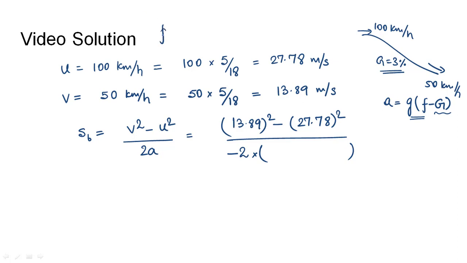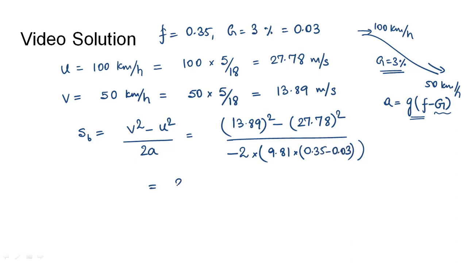F has been mentioned as 0.35 and the gradient level has been given as 3%, which we would take as 0.03. So substituting the values, we would get 9.81 into 0.35 minus 0.03.